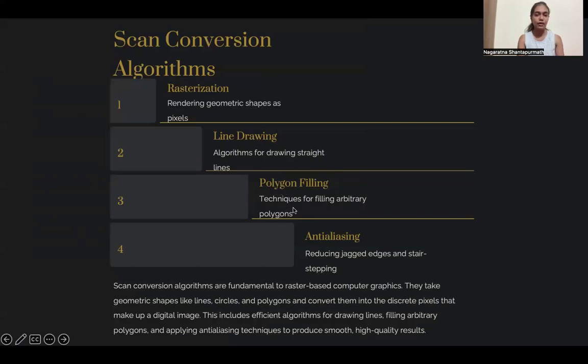The polygon filling technique is about filling arbitrary polygons, and anti-aliasing is all about reducing jagged edges and stair stepping. The scan conversion algorithms are fundamental to raster-based computer graphics, and they take geometric shapes like lines, circles, and polygons and convert them into the discrete pixels that make up the digital image.